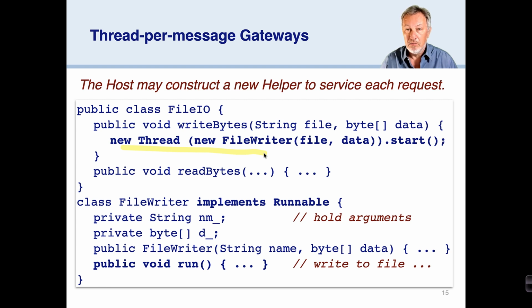Since I/O is usually much more expensive than any other computation, rather than forcing the client or other clients to wait for the writing of the file to complete, we simply create a new thread and spawn that, and then the main thread is immediately available to service other requests.